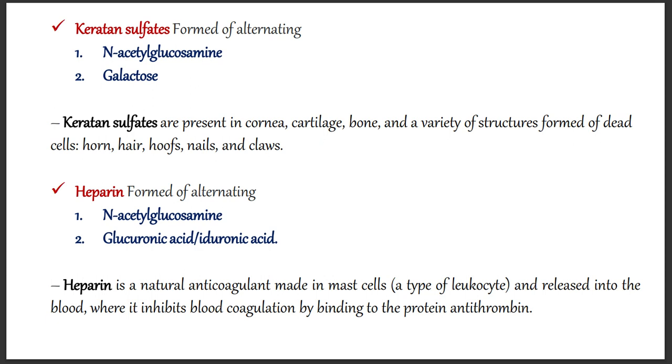You also have heparin. This is a very nice one. We'll discuss it more in physiology. It's something very important. What happens during blood clotting? It's made up of N-acetylglucosamine and glucuronic acid or iduronic acid. Heparin is a natural anticoagulant.